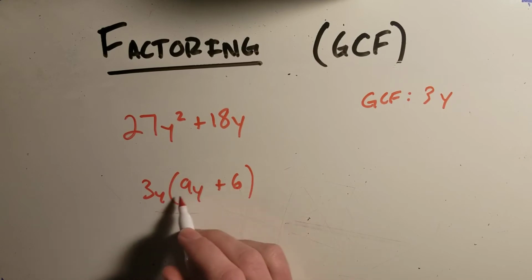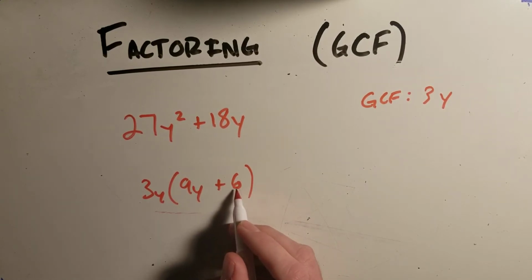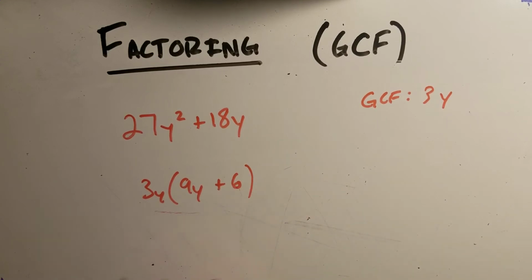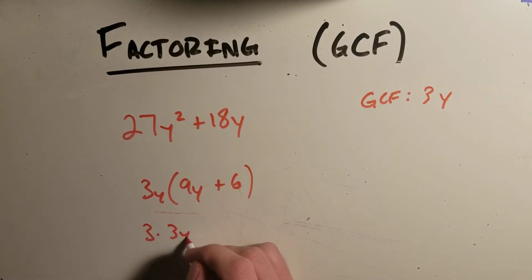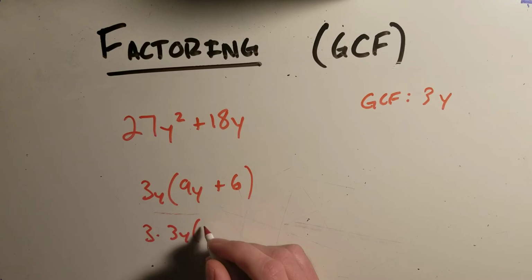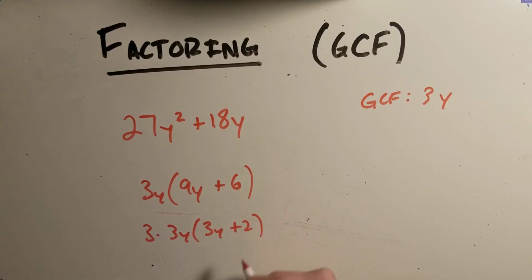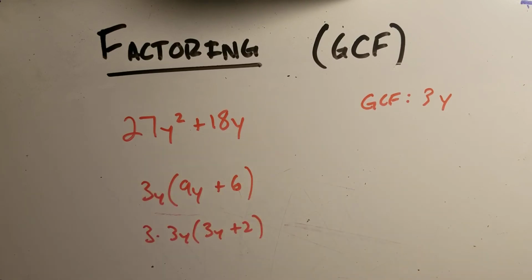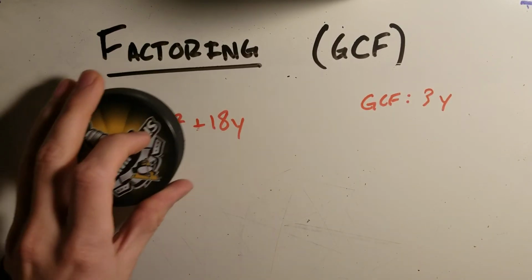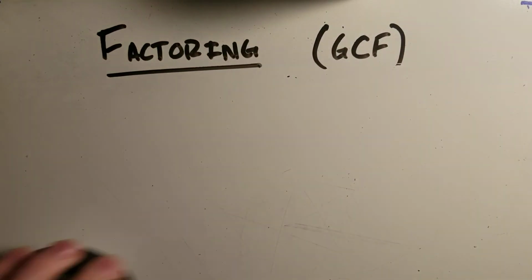And then if you look at these two terms, you're going to notice they still have something in common. They both have a 3 again, so you would take out another 3, and it would be 3 times 3y, and then you took out the 3, so you'd have this right here, and 3 times 3y is 9y. But finding the greatest common factor first is going to save you the steps in the end.